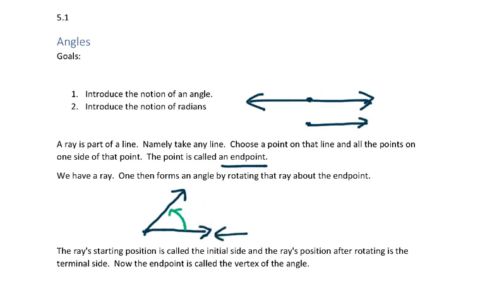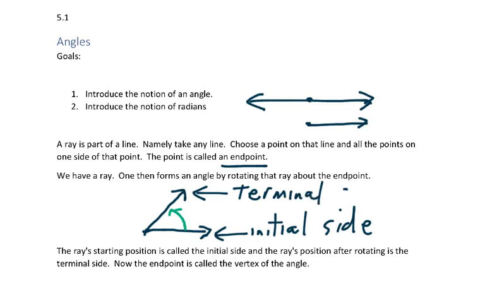This here is what we call the initial side. Okay, that's the ray's starting position. The ending position is called the terminal side. And now the vertex: since we have an angle now, we call the end point a vertex.